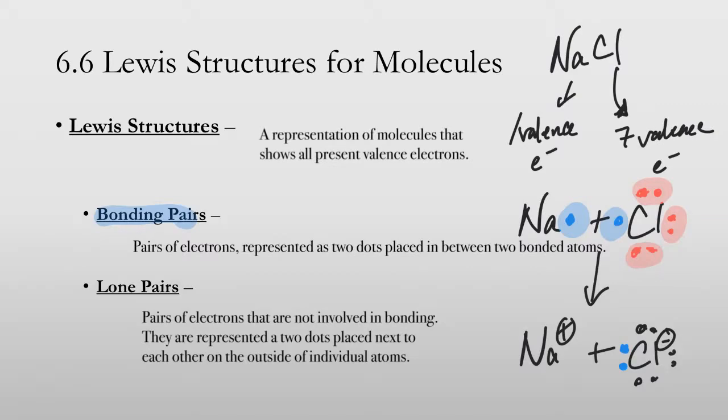They can come together due to electrostatic attractions, and you get NaCl, and the 2 dots would still be placed in between them like that in a sense, but you would have to recognize these are between a nonmetal and a metal, so it must be ionic, so it's really this one up there.